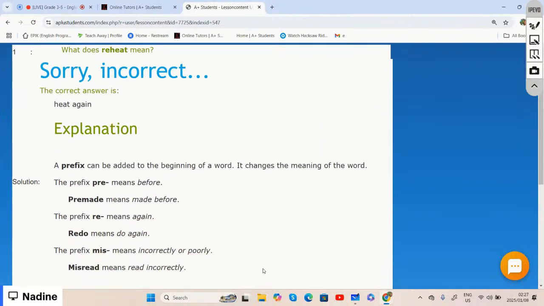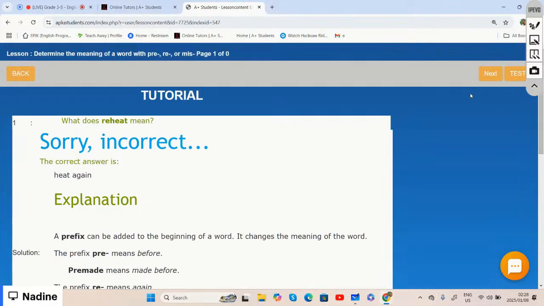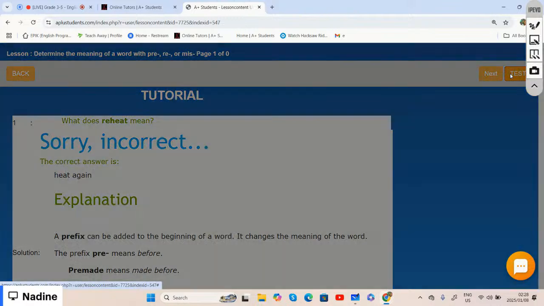Remember, we said that pre means before, re means again, and then we have the word miss. Miss either means wrongly or it can mean incorrectly, right? Wrongly or incorrectly. All right, so now we're going on to our test.